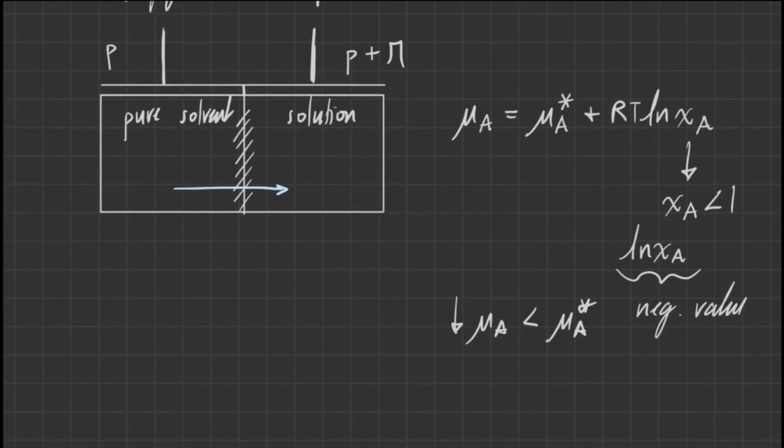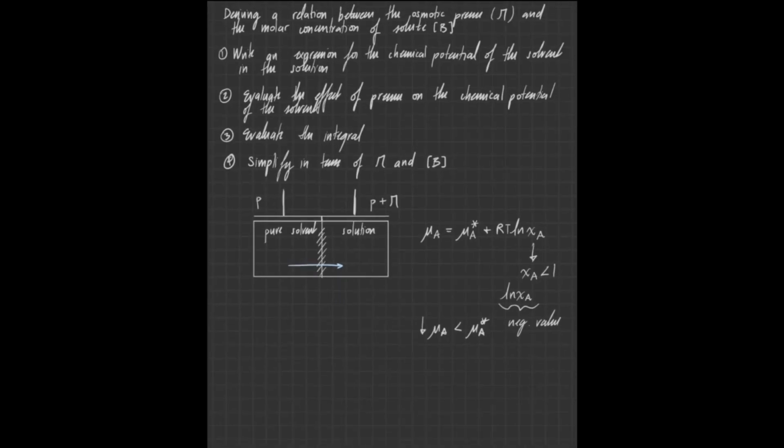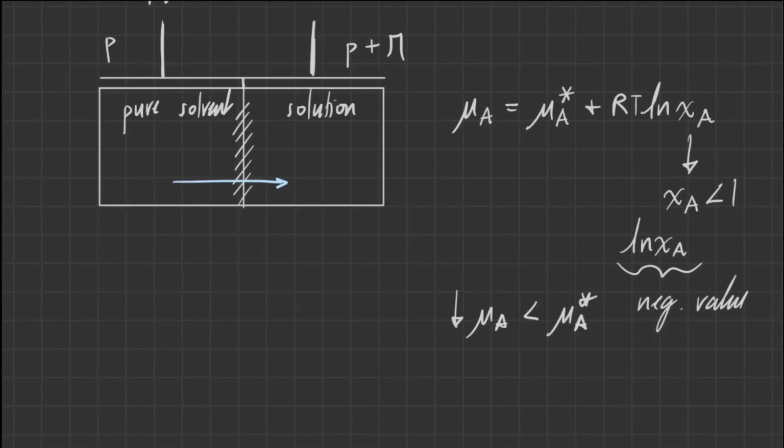Sorry if that was confusing. But essentially you want to know that the solvent wants to go into the solution for mainly entropic reasons. And that's why you have this lower chemical potential on this right side.